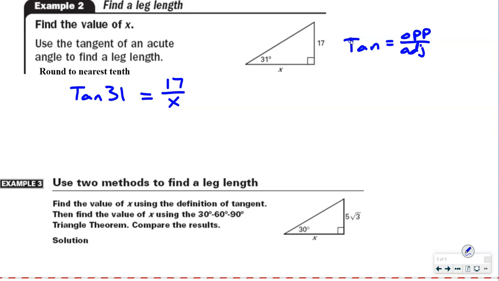So now from there, we need to solve for x. And we've got stuff on either side of the equal sign. We want to move things around just like we normally would to get x by itself. But we've got x in the denominator here. So typically when you've got a fraction and you want to move one part of that fraction over to the other side, you can multiply the denominator to the other side. So I can multiply x on both sides.